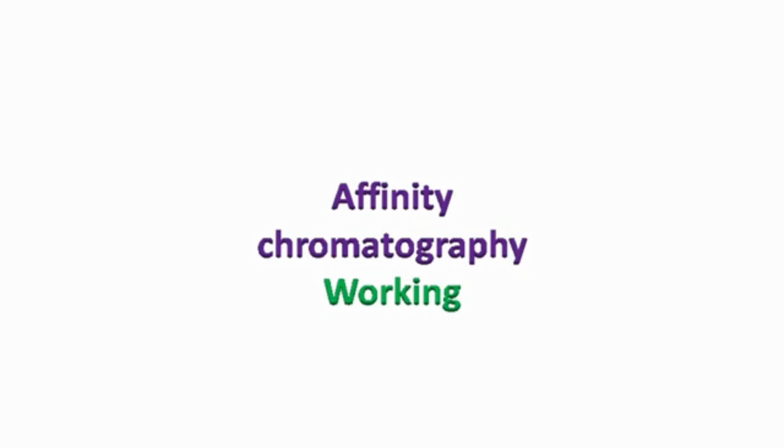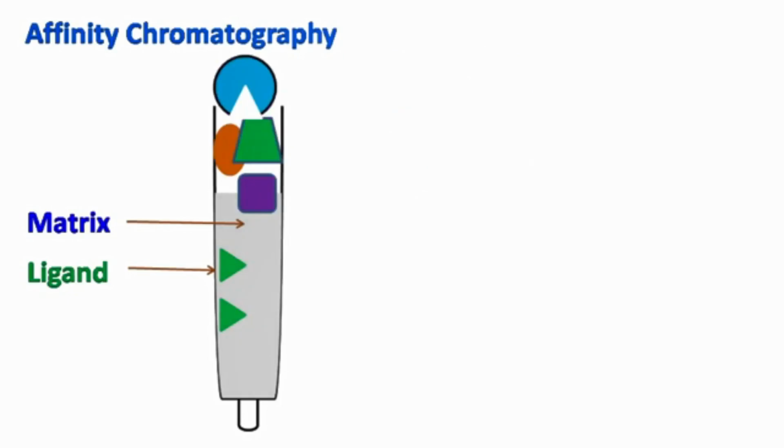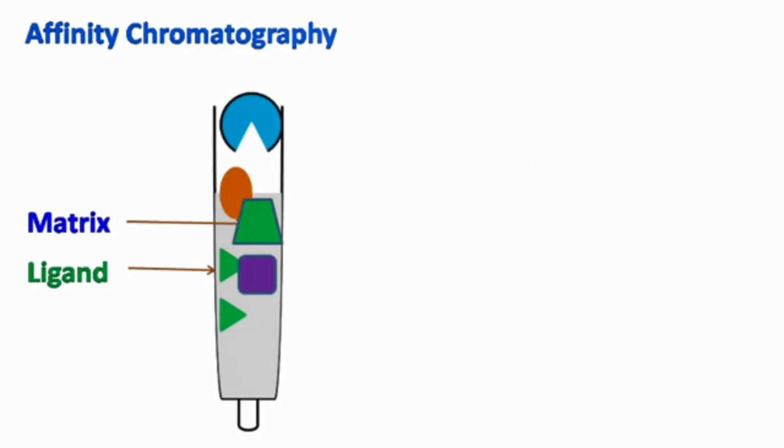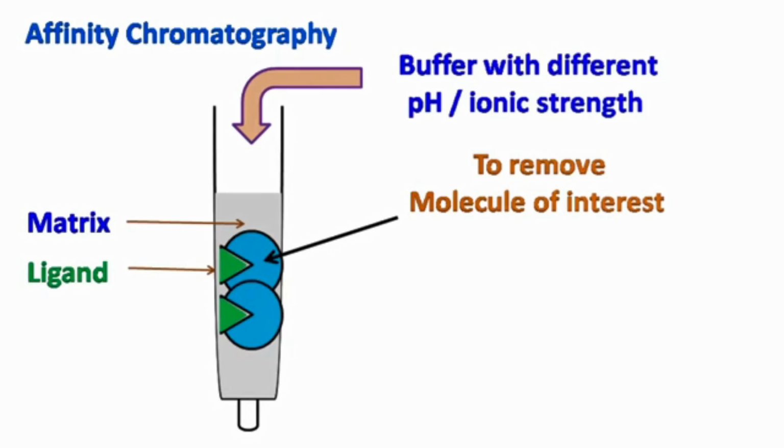Let's see the working of affinity chromatography. When the mixture of different molecules is passed through the affinity column, only the molecules that have specific affinity for the ligand bind to the ligand. The other molecules are washed away. Next, to dissociate the molecule of interest from the ligand, a buffer with different ionic strength or pH is passed.